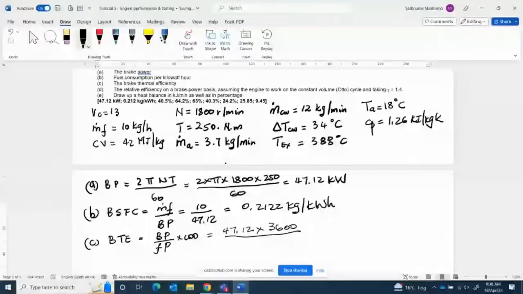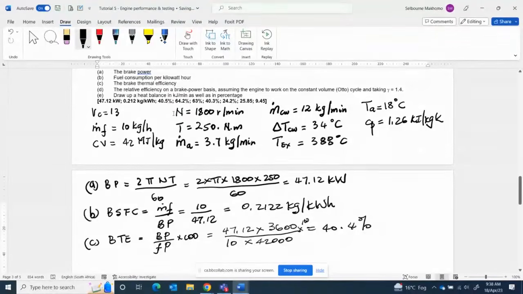Seconds to hours, or we are converting 10 kg per hour to per second, so that the units are homogeneous. Divided by 4200, and the answer, multiplied by 100, is 40.4%.